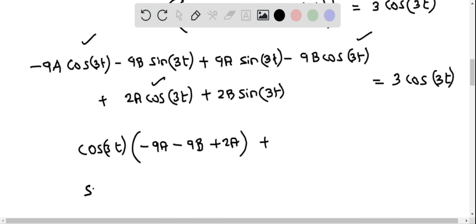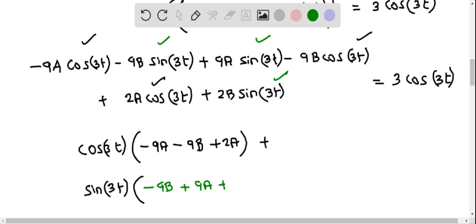Plus, now let me factor the sine of 3t: negative 9b, which is a sine 3t, positive 9a, another sine 3t, and then one more, positive 2b sine of 3t.